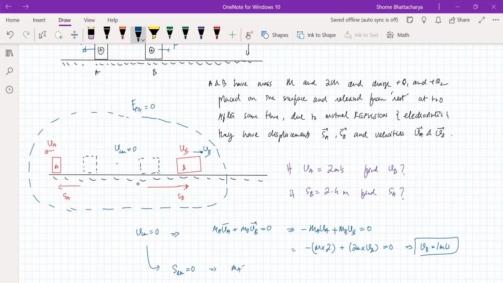So mass of A into displacement of A plus mass of B into displacement of B should be 0.